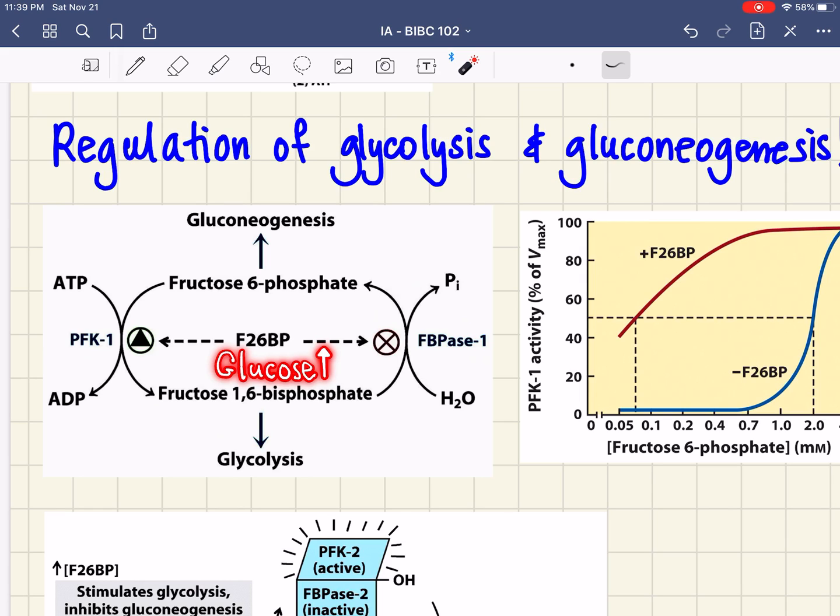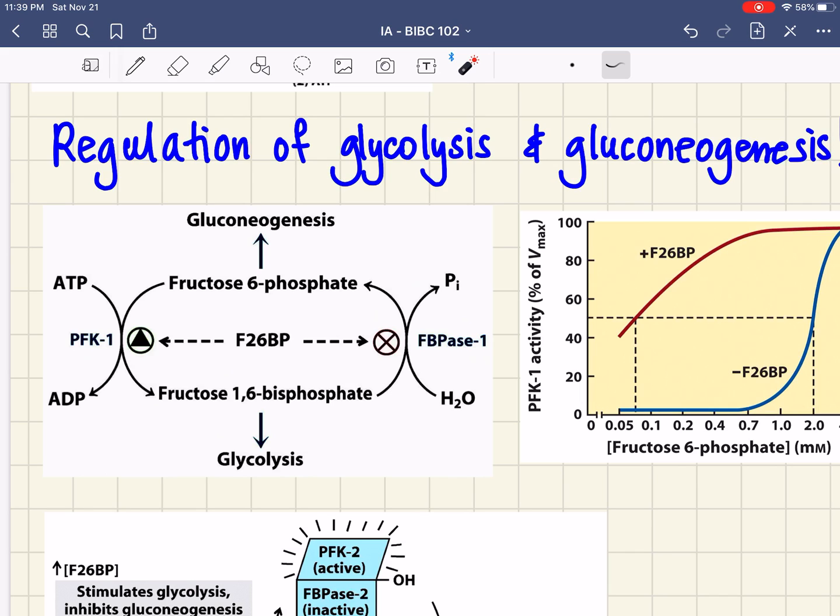Would it want to break down this glucose to make ATP and to live and to function? Or would it want to ignore these high levels of glucose and make even more glucose through gluconeogenesis? The logical answer here would be that it would like to break down this glucose, right? Because it has food, it has glucose, it wants to break it down to form ATP.